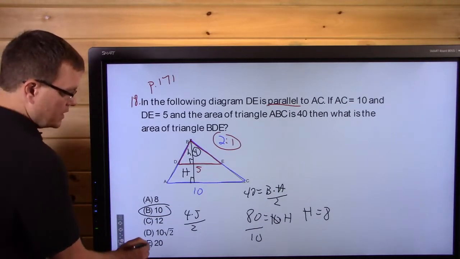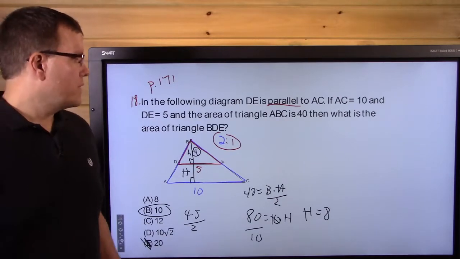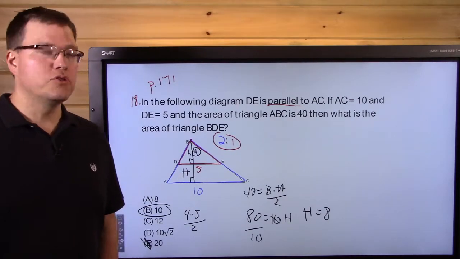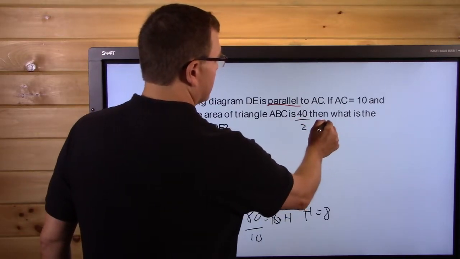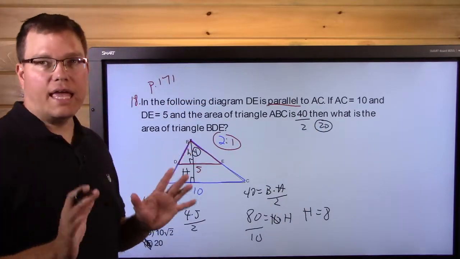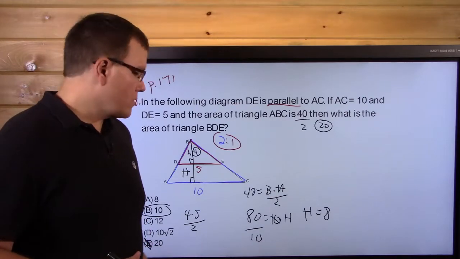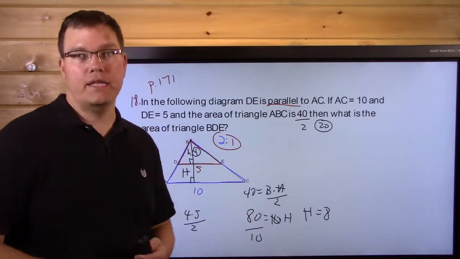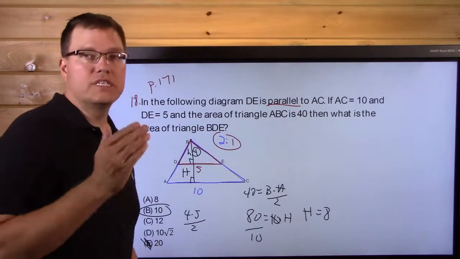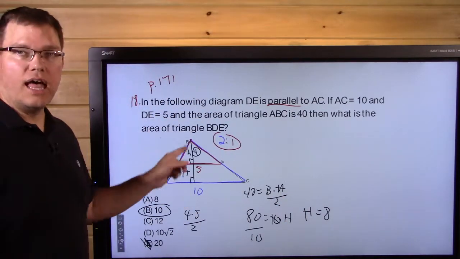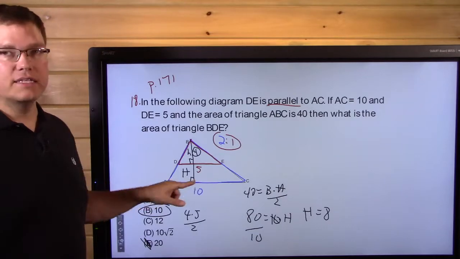Now, a lot of people are tempted to say 20 here, because once they establish that relationship of 2 to 1, they want to come over here and go, okay, 40 divided by 2 is 20. But you can't do that, and here's why. An area is in 2 dimensions, not just 1. This relationship applies to single dimensions, such as the line that is the height or the line that is the base.